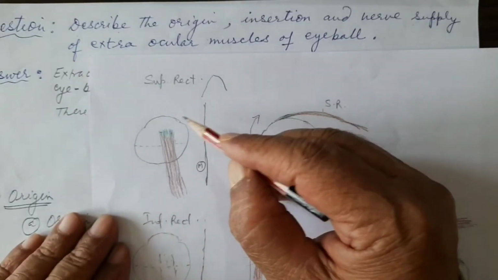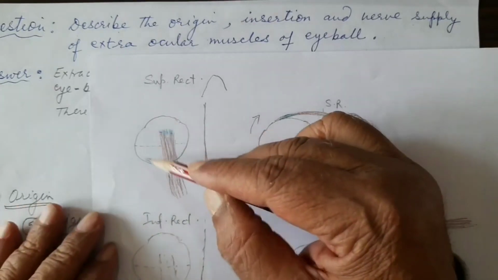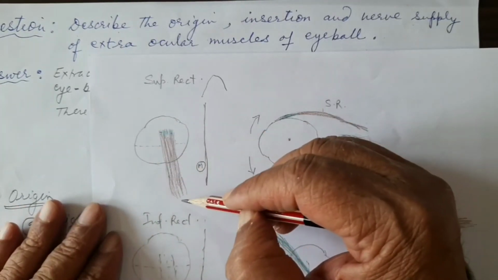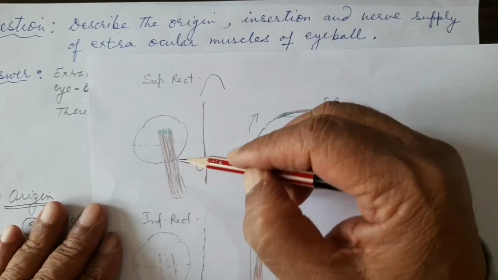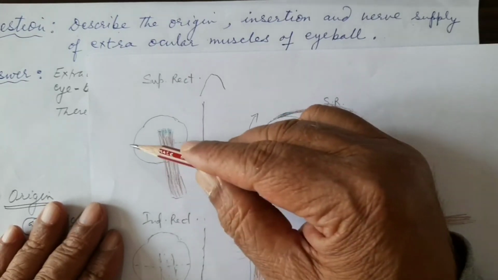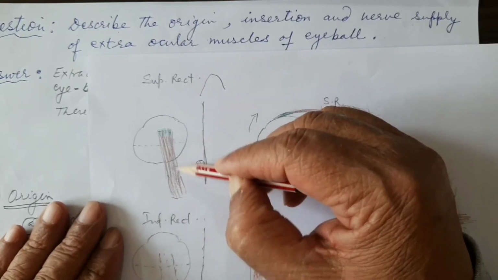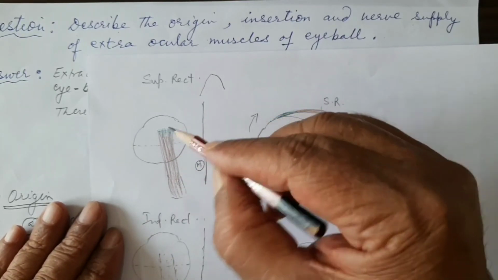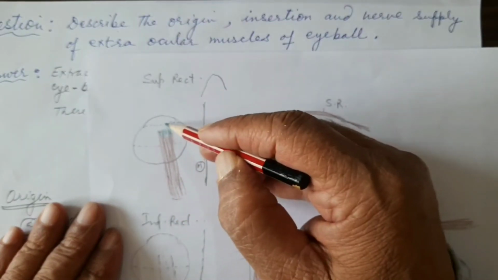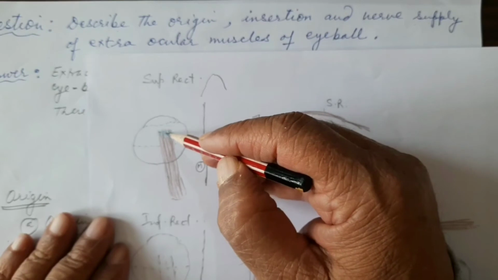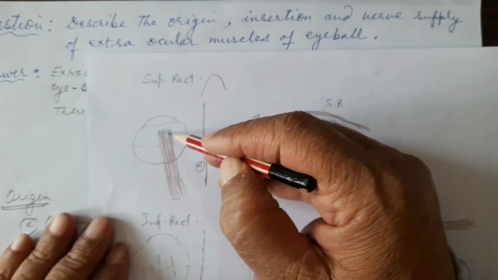We are seeing the left eyeball from the superior view, and this is the direction after taking origin from the fibrotendinous ring near the apex of the orbit. This muscle is running forwards and a little laterally, and then it is inserting here about 6 millimeters behind the sclerocorneal junction, which is also known as the limbus.